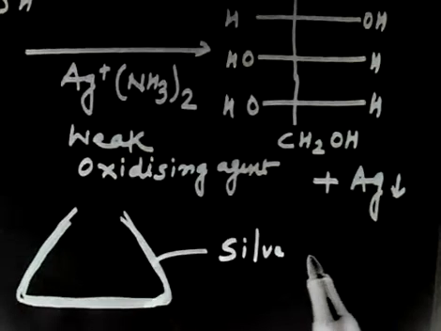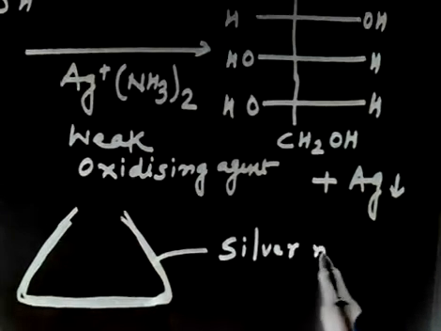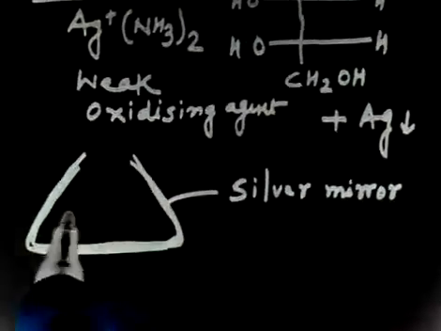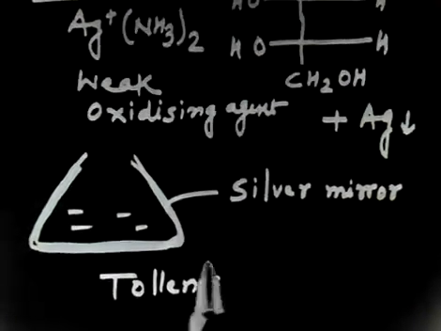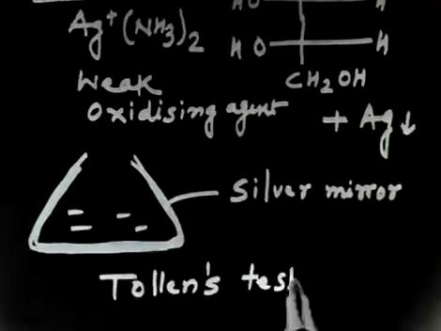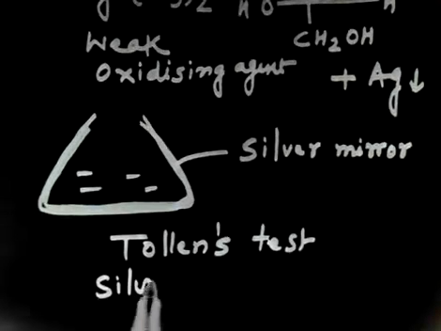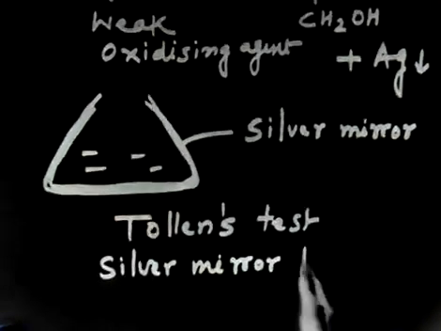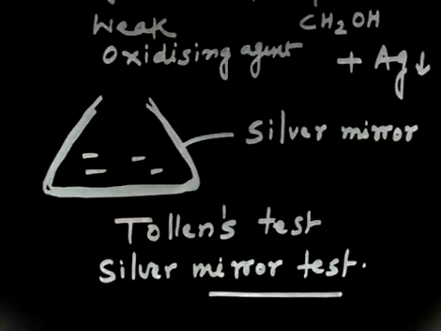So if you do this reaction in a vessel, the beaker will contain a silver mirror of Ag. That's why this is also called the Tollens test or silver mirror test. This is a general test of aldehyde. So if a question says a compound gives the silver mirror test, this means it must be an aldehyde. We'll discuss the next problem.